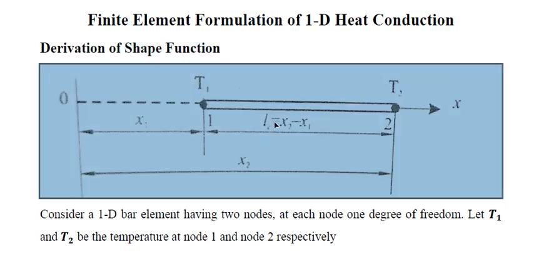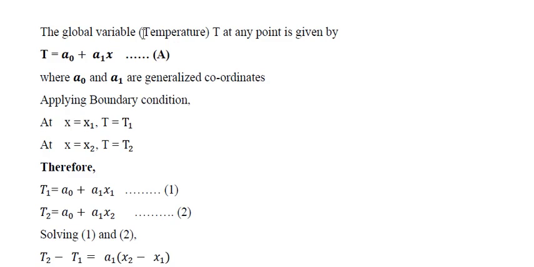To derive it, let us consider this element. As I told, T1 and T2 are the temperatures, the variables at node 1 and node 2. Let us consider the global variable, which means the variable anywhere over the element. Let us consider the temperature anywhere over the element as T, and let us write a temperature equation. This is not a displacement equation, this is a temperature equation. Usually while solving 1D bars, we wrote the displacement equation as u equals a0 plus a1x.